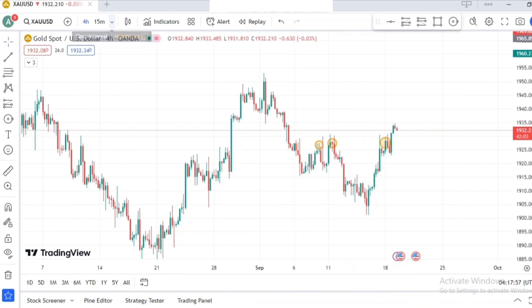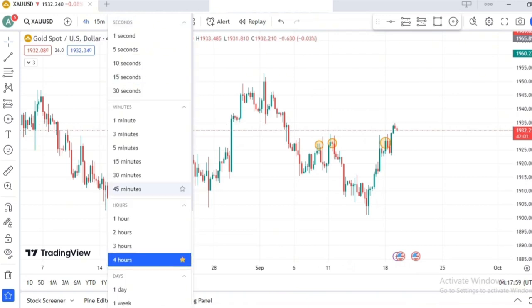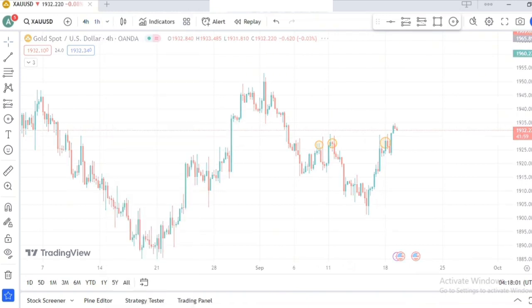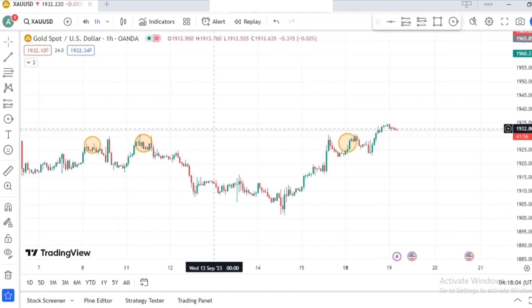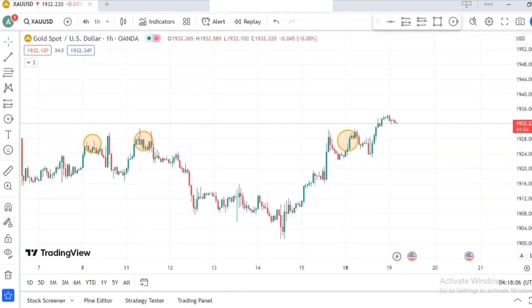Let's check it on the 1-hour time frame. Let's switch to the 1-hour time frame to get this entry clearly.